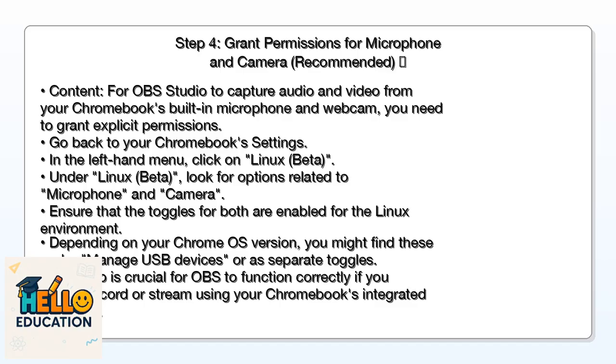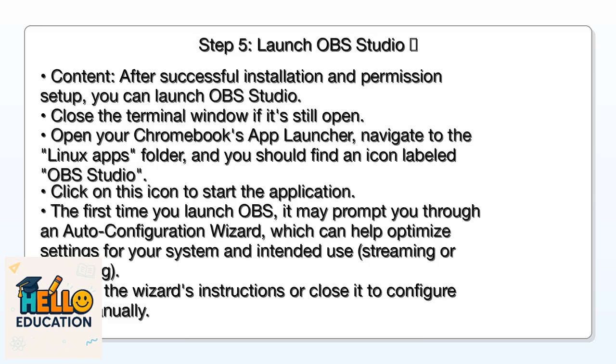Ensure that the toggles for both are enabled for the Linux environment. Depending on your Chrome OS version, you might find these under Manage USB devices or as separate toggles. This step is crucial for OBS to function correctly if you plan to record or stream using your Chromebook's integrated hardware.